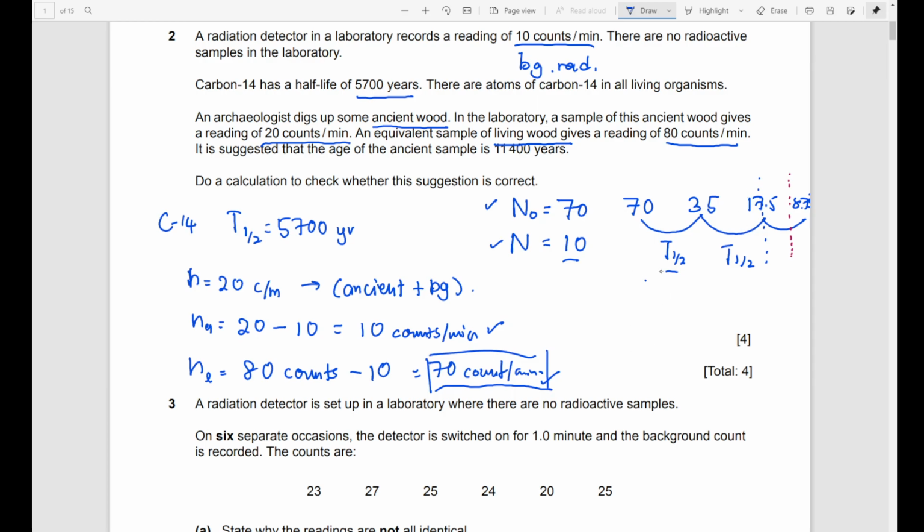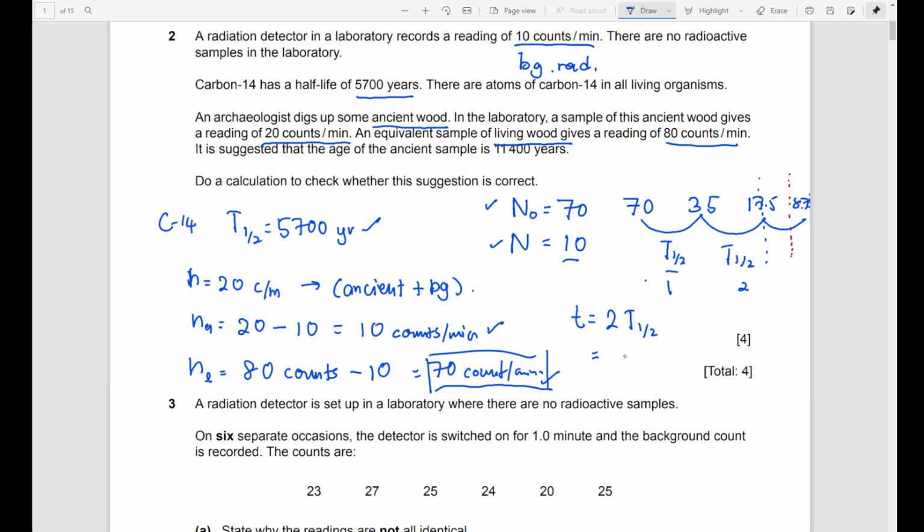So 1 half-life is equal to 5700. So here we have 2 half-lives. The total age is T equals 2 half-lives at least.